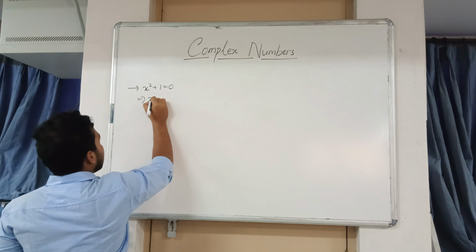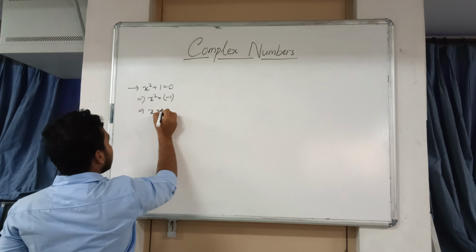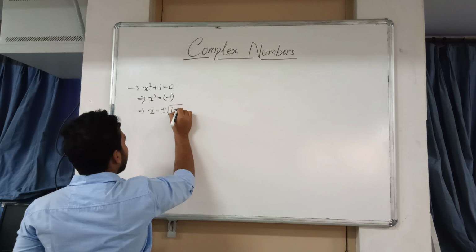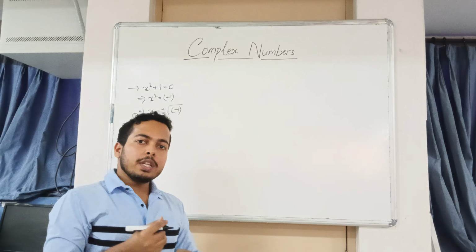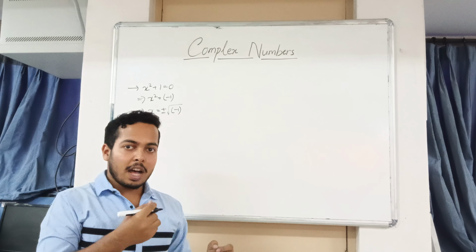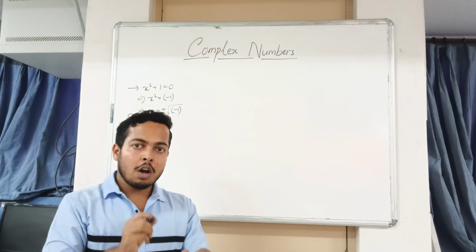I can write it as x square is equal to minus 1, and x is equal to plus minus root under minus 1. Now I am stuck here because from the previous knowledge of the real number system, I know that the square of any real number is either positive or 0.